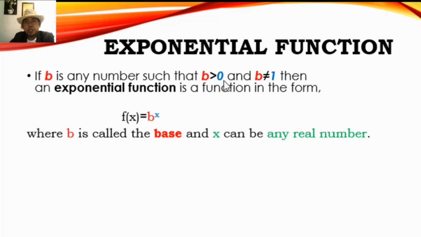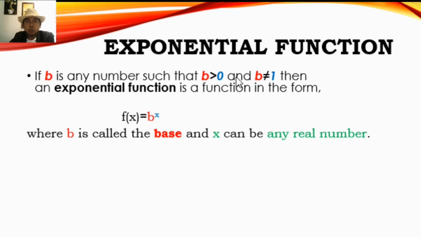Would it be 1/2? Yes, that is greater than 0. Would it be 0.25? Yes, that is greater than 0. But would there be a possibility that your b is equal to 1? No, there is no such exponential function if our b is equal to 1.